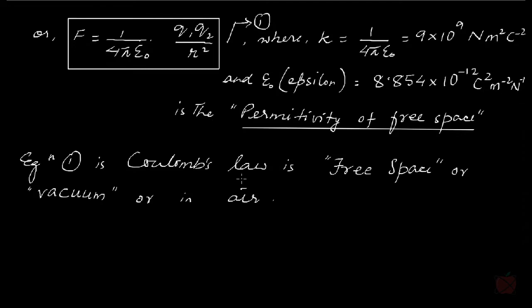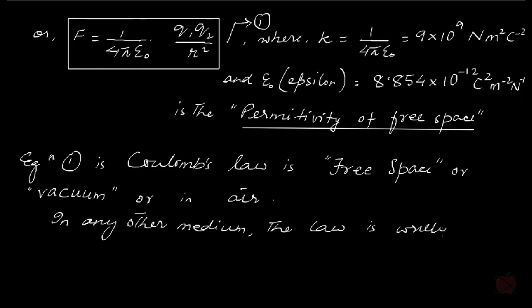Now in any other medium, how do we write the law? The law is written as F is equal to 1 by 4 pi epsilon naught epsilon r, Q1 Q2 by R square.